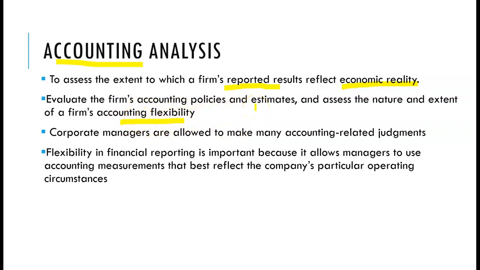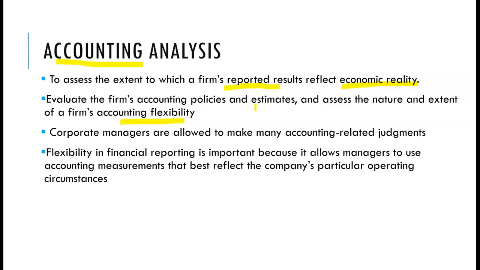You remember when you learned the FRS, MFRS, for some standards, when we want to do the measurement or the recognition, the standard gives alternatives. For example, when we talk about inventory, it can use FIFO or the weighted average.